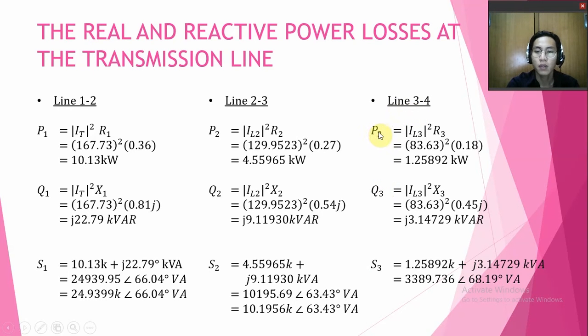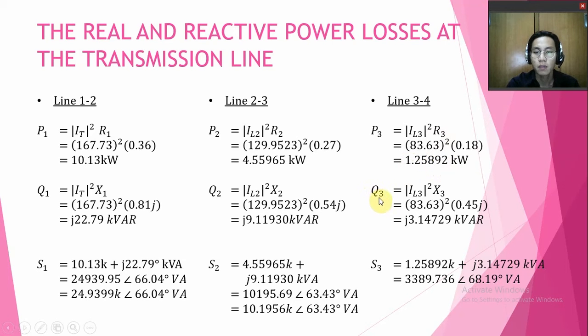Moving on to the next line, for line 3 and 4. For the power losses at line 3 and 4, with the formula of current at load 3 squared multiplied with resistance at load 3, we will get the value is 1.25892 kilowatt.